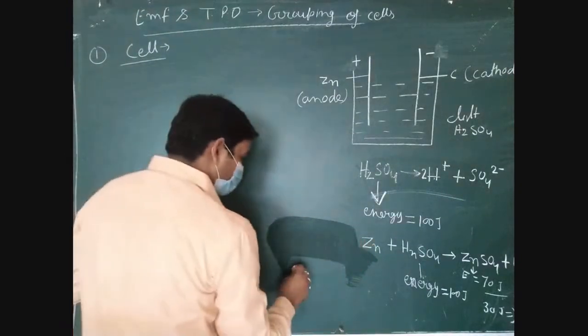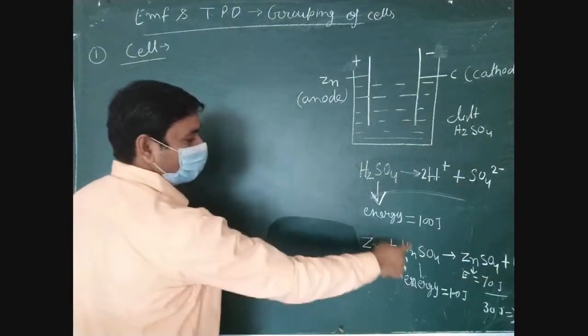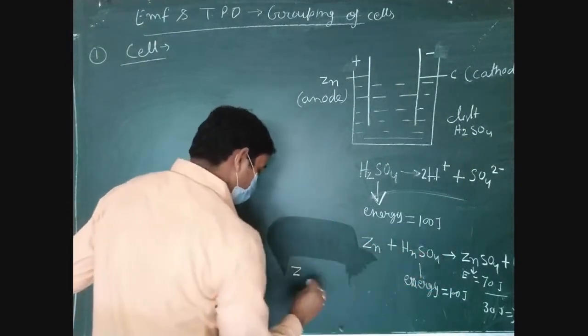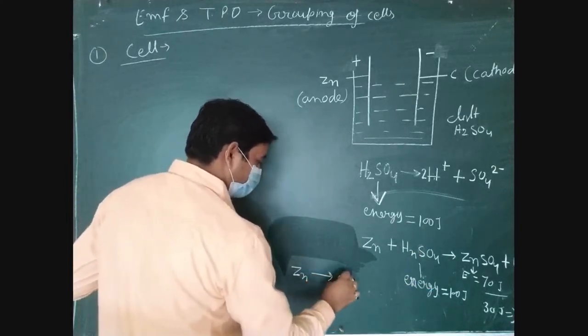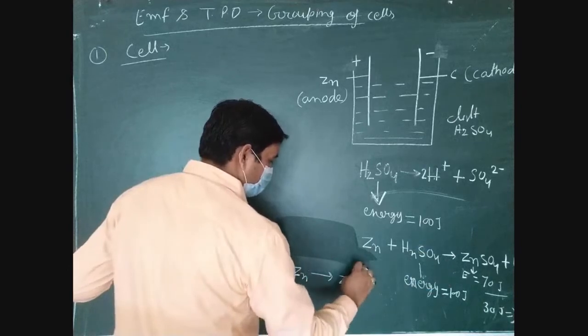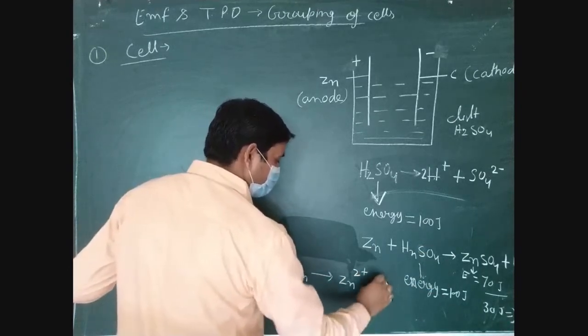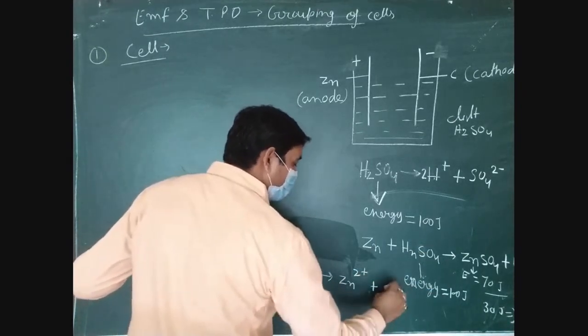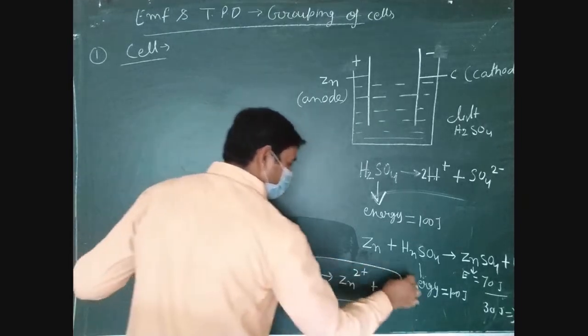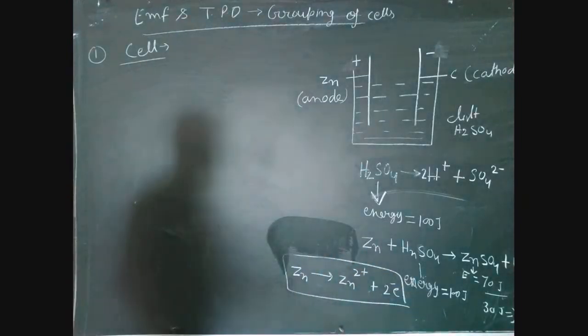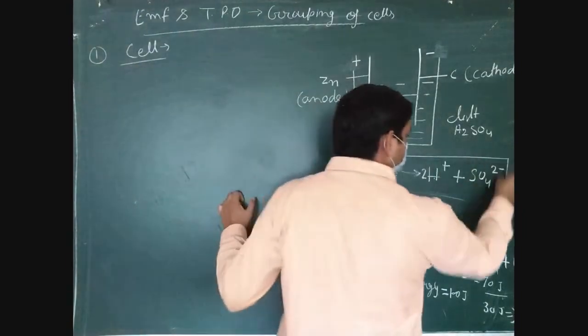When ZnSO4 is reduced, Zn becomes a positively charged ion with removal of 2 electrons. Okay, and that is the first reaction we have here.